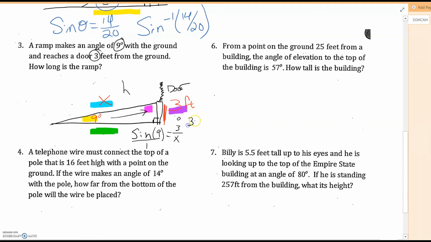I get 3 equals x sine 9. Then I will divide by sine 9. Here you get x equals, if you do 3 divided by sine 9 in your calc, you get 19.2 feet.